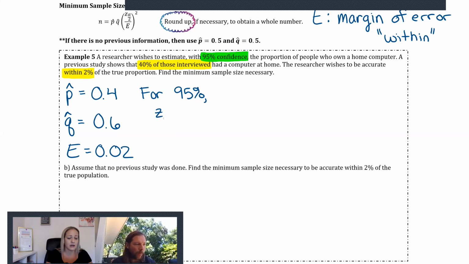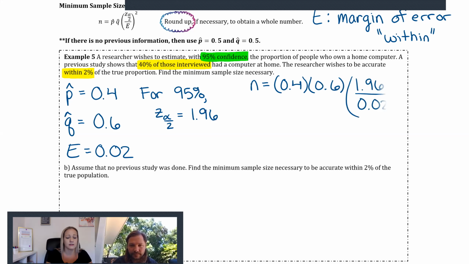And then z alpha over 2 for 95% is 1.96. So we'll have that n equals 0.4 times 0.6 times 1.96 divided by 0.02 squared. And that comes out to be about 2,304.96. And then we're going to remember to always round up for minimum sample size.